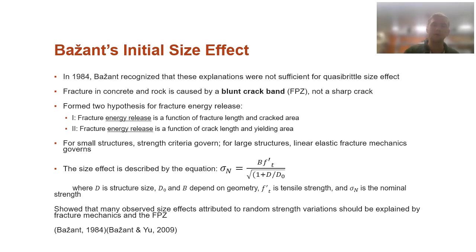There's tensile strength and some geometric constants playing a role in there. But essentially the important takeaway here is that strength is inversely related to the structure size. That was the big takeaway. And then this root function gives us this shape that we see in Bazant's size effect.